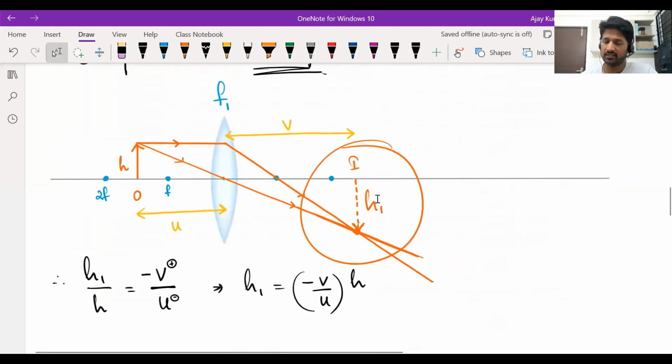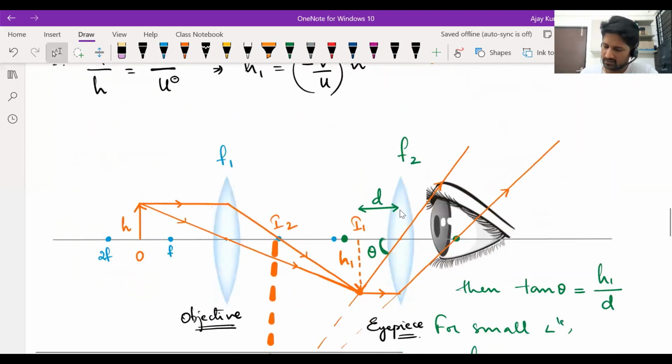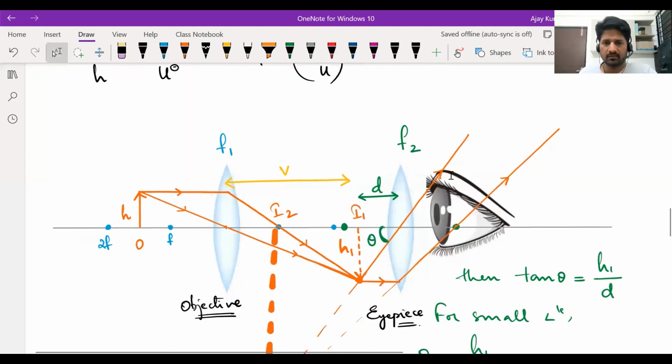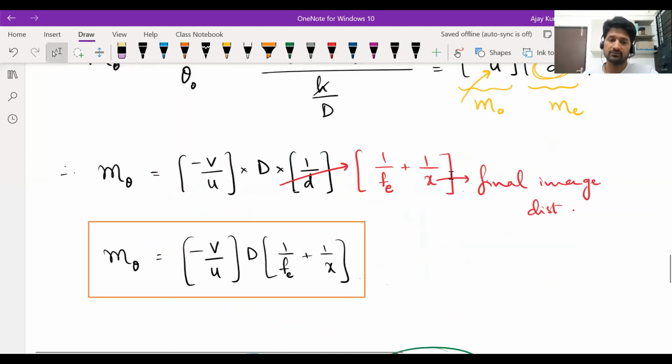V is not the final image distance. V is the image distance from the first lens. V is this distance. So you need to find out where the first lens forms the image.